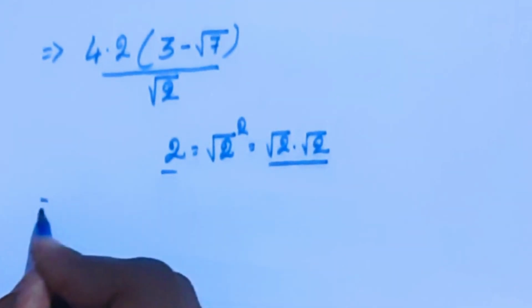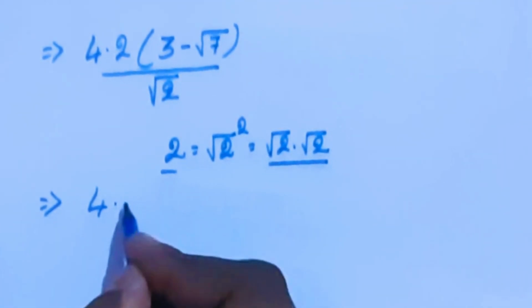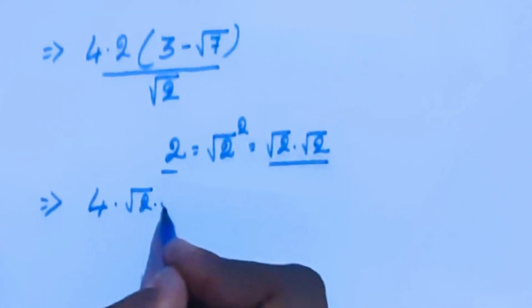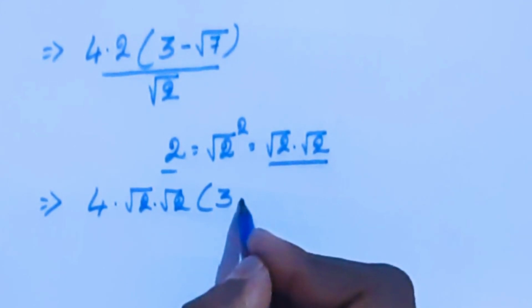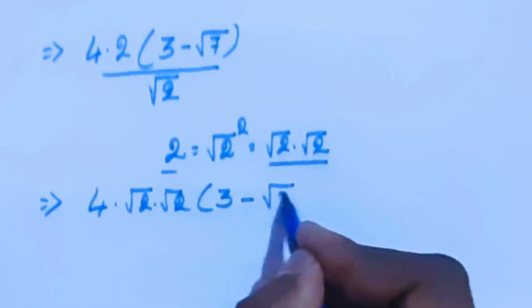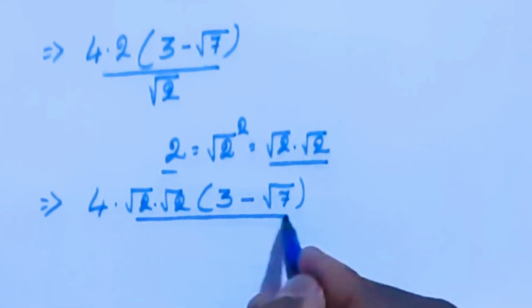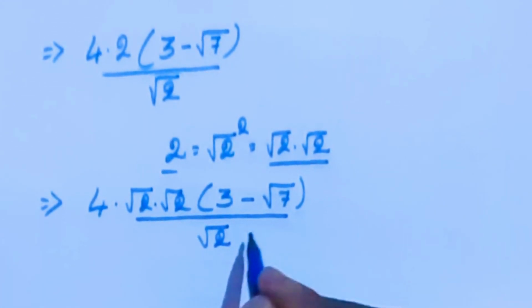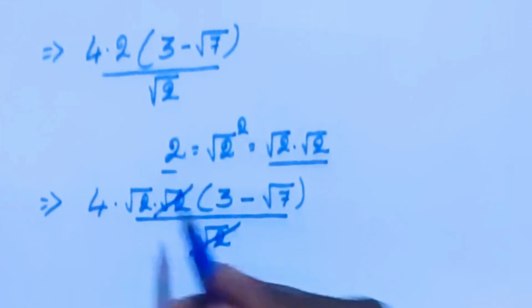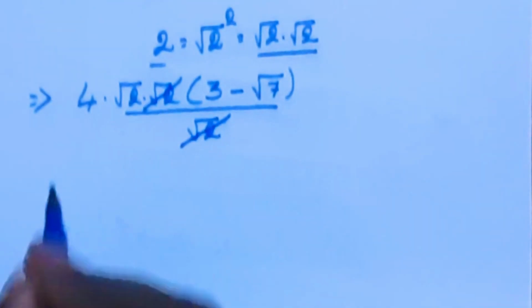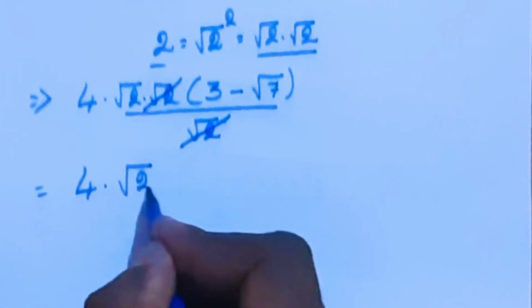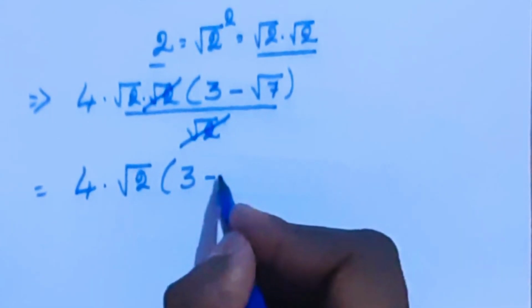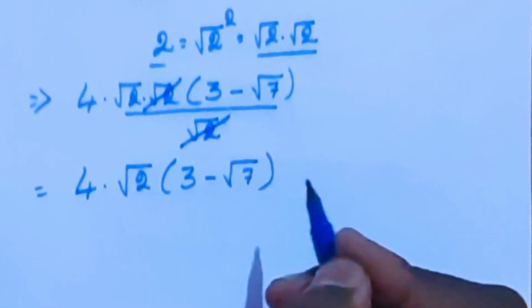So 4 times square root of 2 times square root of 2, open bracket 3 minus square root of 7, by square root of 2. Now the square root of 2 cancels this. So we have 4 times square root of 2 times 3 minus square root of 7.